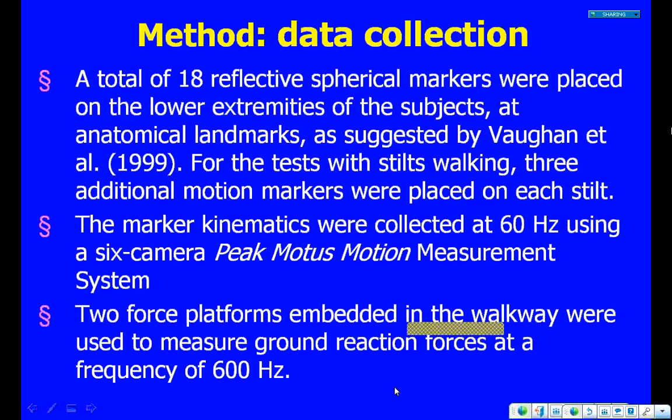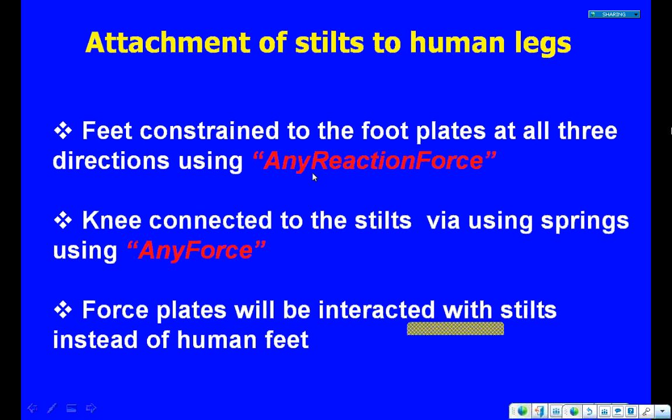So the key point in this model is how to include the stilts in the AnyBody model. The stilts are fixed on the foot plate using an AnyReactionForce function, fixed at one point on the plate. Then at the knee side, the stilts are connected using a spring, using AnyForce.